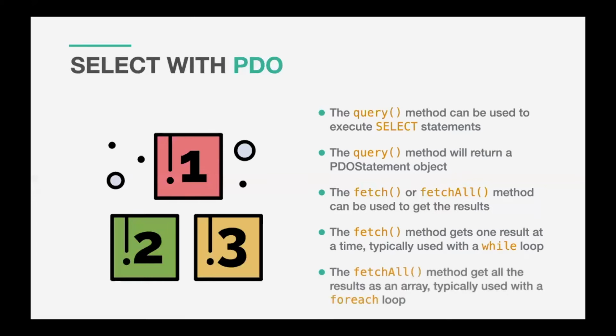The fetchAll method will retrieve all of the rows as an array. Then we can use that array inside of a foreach loop to access each item the same way. Both fetch and fetchAll allow us to do the same thing; it's just two different ways of doing it.